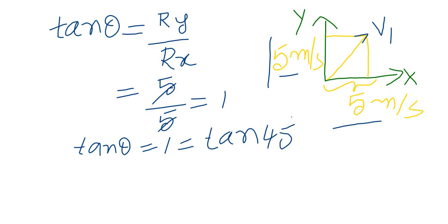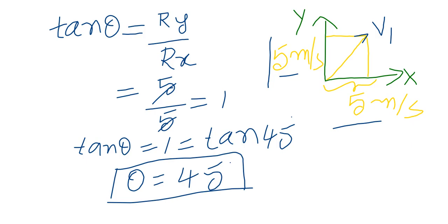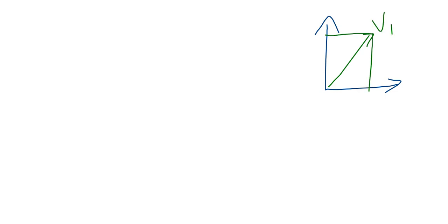Next, this is V1. Another vector is V2. The velocity along its length is 2 root 3, and along its breadth is 2.